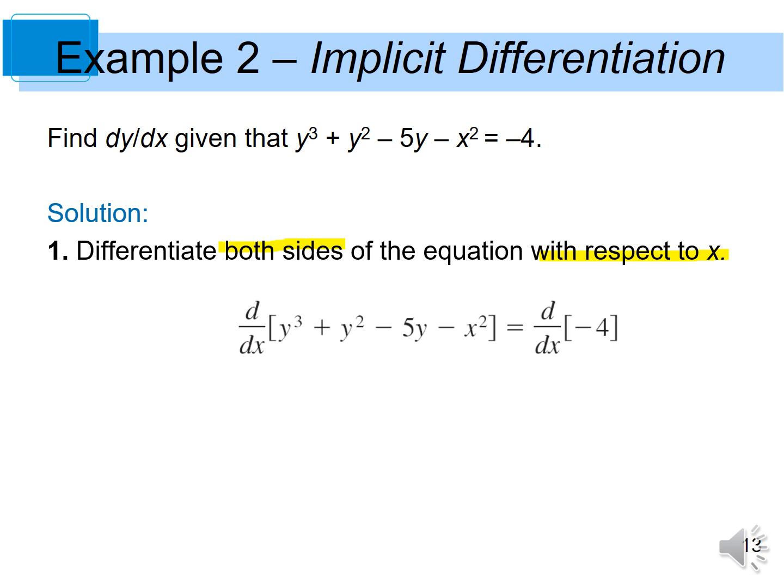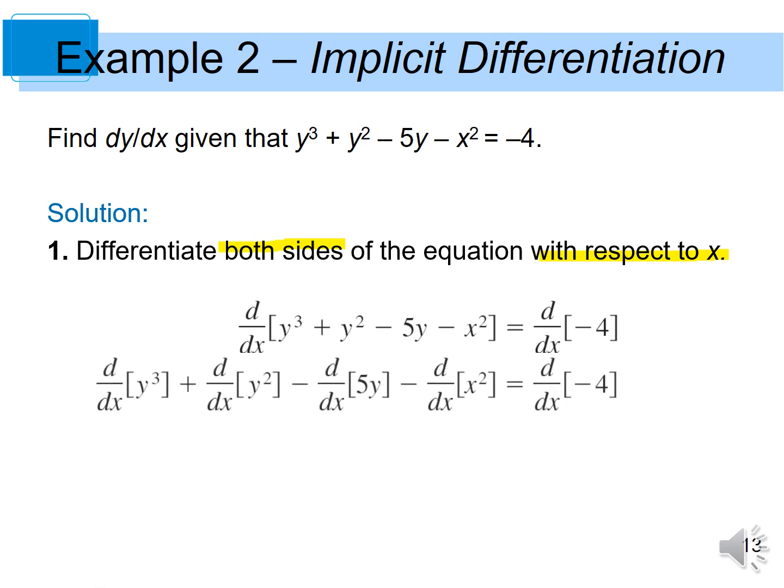So we write d dx for the left side and also the right side. And then we realize that this expression is in sum or difference form, meaning that we can straight away differentiate each term with respect to x.